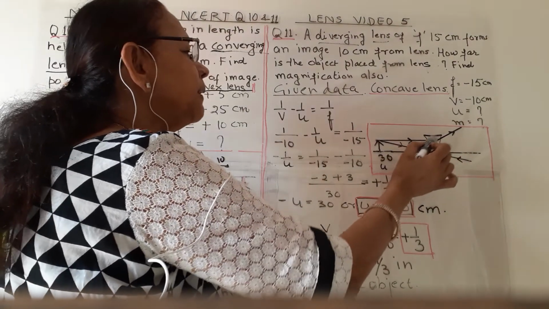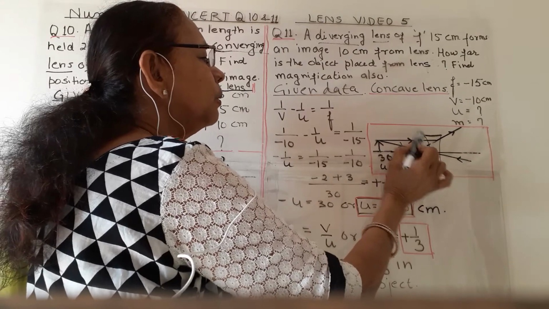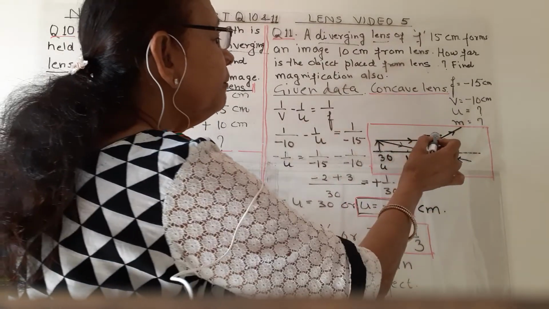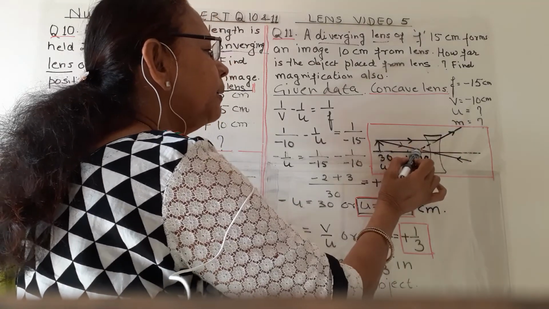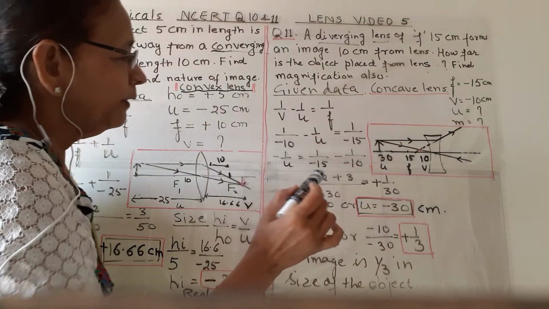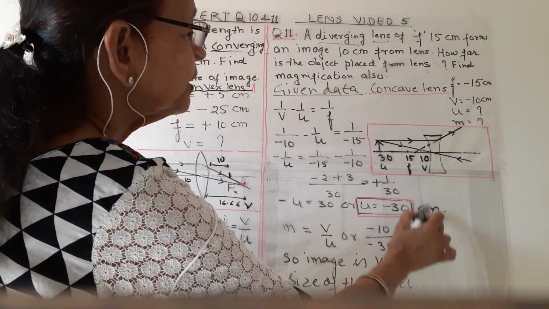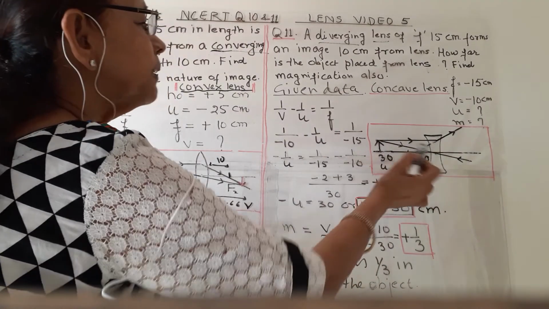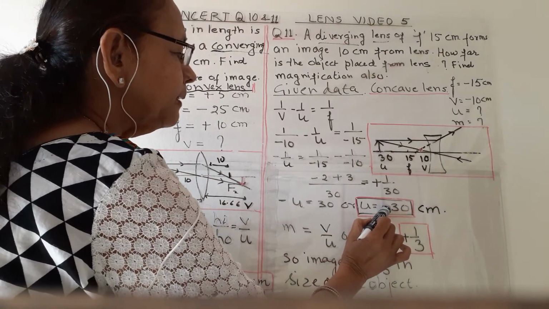It seems that this line is intersecting this line at this point. So in this way we have calculated u, which is minus 30, because it is on the left hand side. We will write minus here.